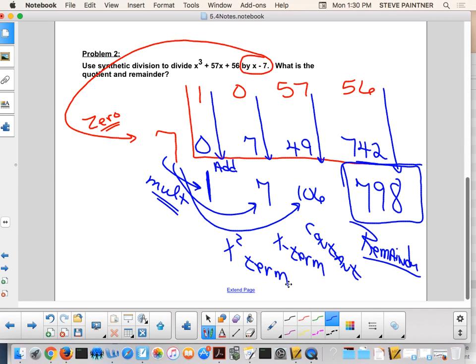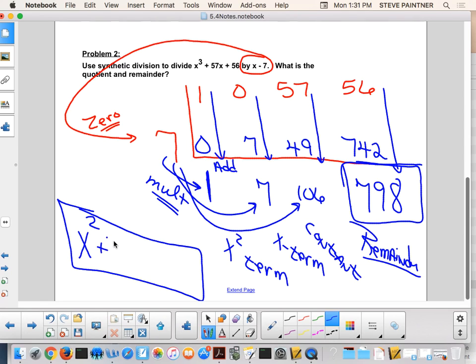So, if you did the long division to this, you would have got 1 x squared plus 7x plus 106 r what? 798. Nice. Good? Let's keep cooking.